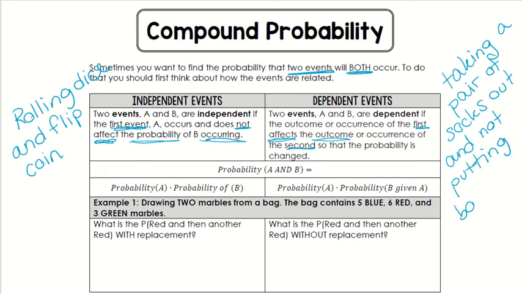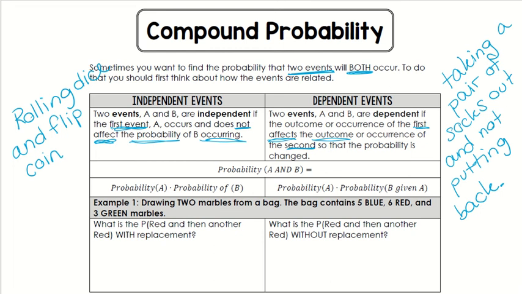This is dependent because the first time you had, let's say, 10 pairs of socks. You take one out, now you only have 9 pairs of socks because you're going to go wear those socks and not put them back in the drawer. So it affects that second piece of your problem.